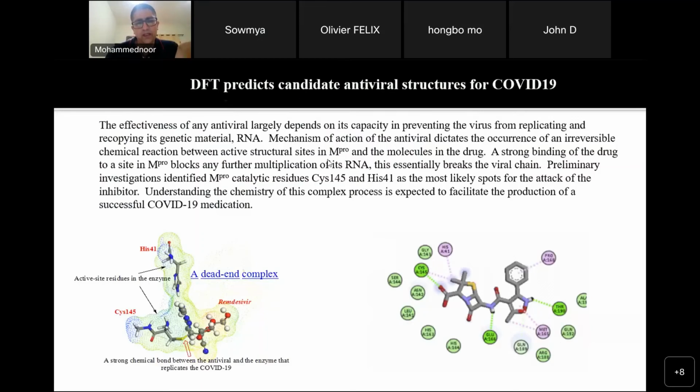To design a vaccine or a medicine, one of the most important steps is that this vaccine or antiviral should have the capacity to attack the molecule at certain locations. And so this is one of the promising applications for DFT: to design new drugs and new vaccines.